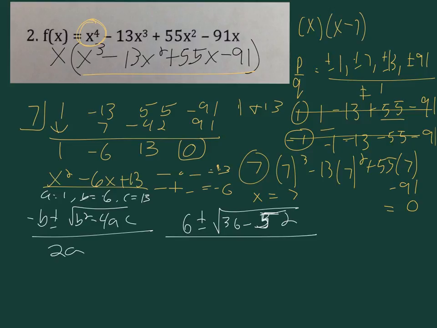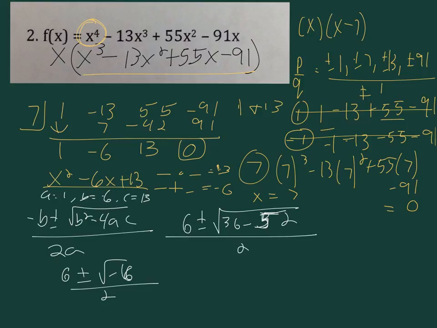And that would be divided by 2 times a, which a is 1, so this is just divided by 2. All right, so now keep on simplifying. So we've got 6 plus or minus 36 minus 52 is a negative 16, and that again is all divided by 2. And so now we have a square root of negative.